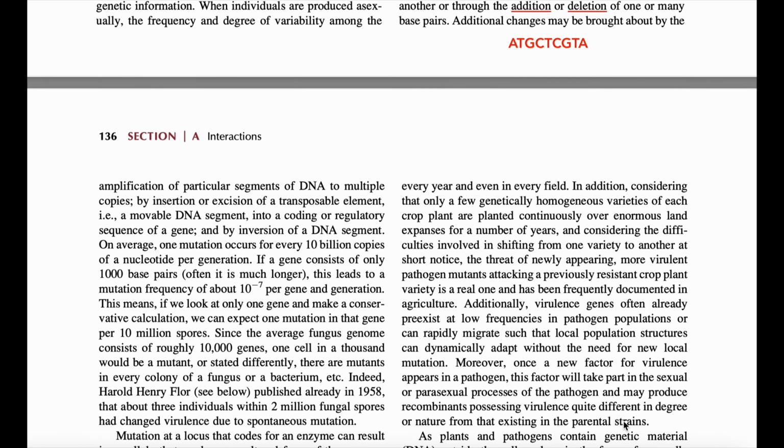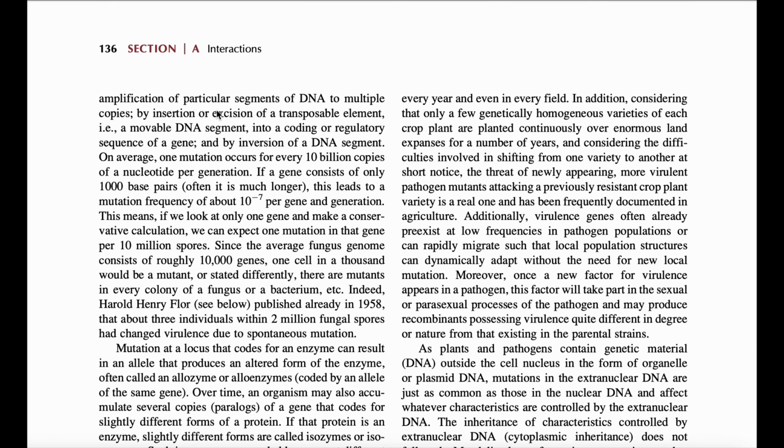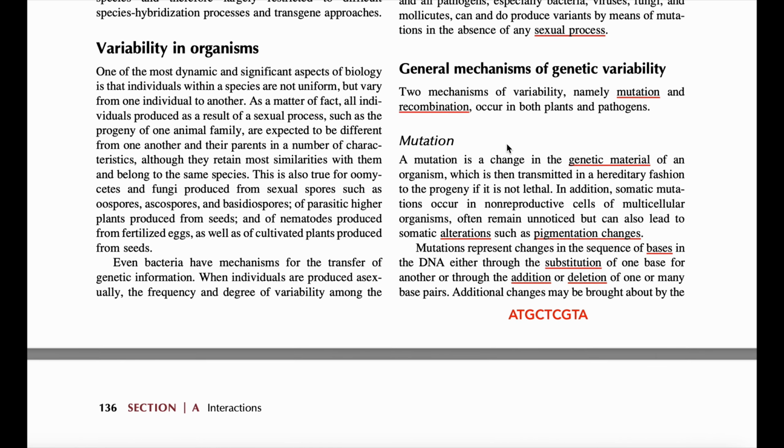Moving forward, additional changes may be brought about by the amplification of particular segments of DNA to multiple copies, by insertion or excision of a transposable element, that is a movable DNA fragment, into a coding or regulatory sequence or a gene. So we have understood the main concept, right? How does mutation occur? This is the simplest way that we can understand mutation.